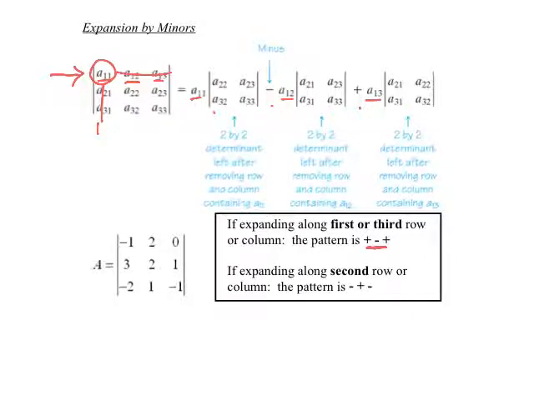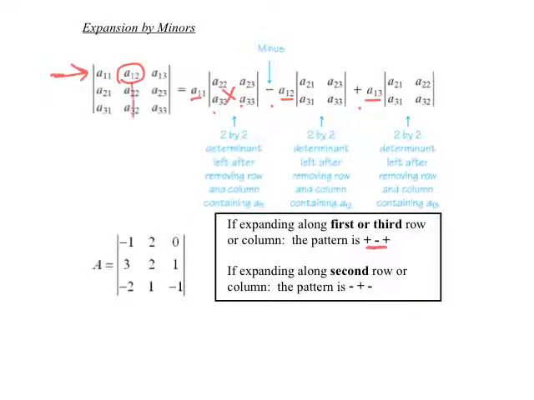I'm going to multiply it by the determinant of what's left, what we call the minors. So I'm going to have to find the determinant of this 2 by 2 right here, and I'll be multiplying those together.